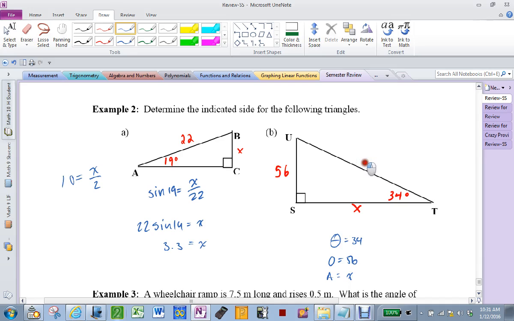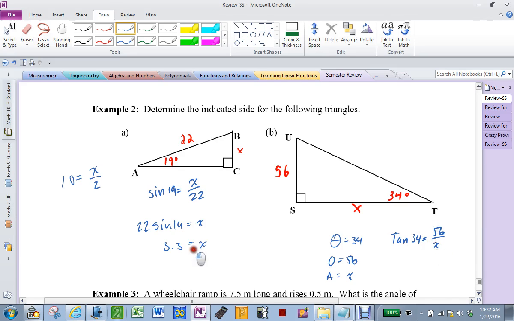Do I give a rat's patootie what the hypotenuse is in this question? No. So will I touch sine or cos with a 10-foot pole? No. Sorry, with a 3.3 meter pole because we are in Canada. No. So we will do tan of 34, and that will equal opposite 56 over x.